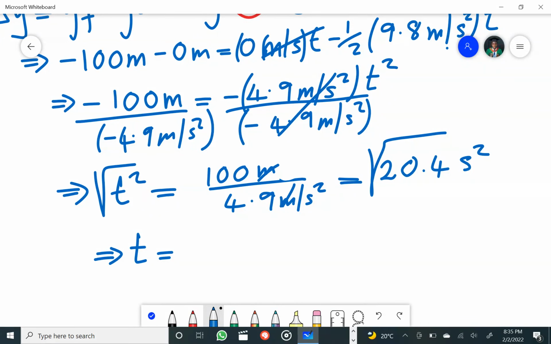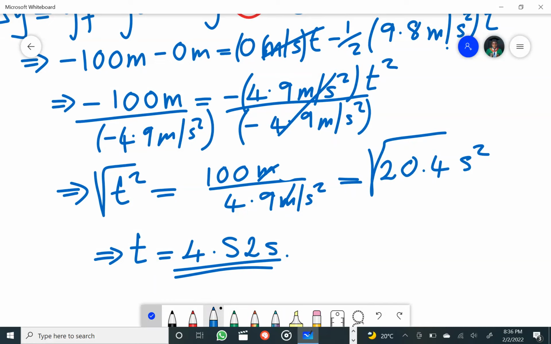Square root of 20.4 gives you 4.52, so it gives you 4.52 seconds. So this is the time that it took this package to fall from where it was on the plane to actually reach down to these people.